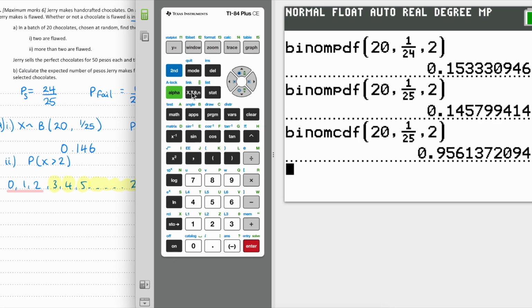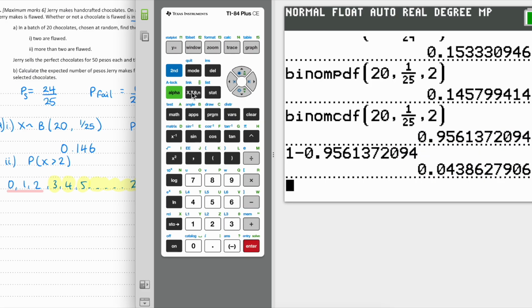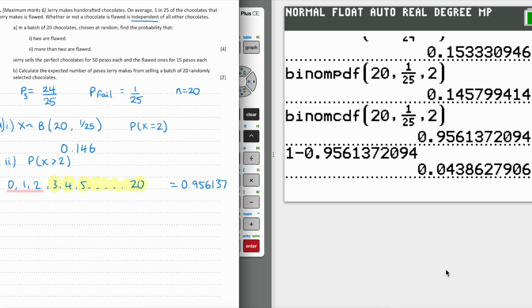So I'm leaving that more accurate because then I want to do 1 minus that answer. And that gives me the shaded yellow ones that I actually wanted in the first place. So 1 minus that, and I'm showing my working here, is equal to 0.0439 to 3 significant figures.